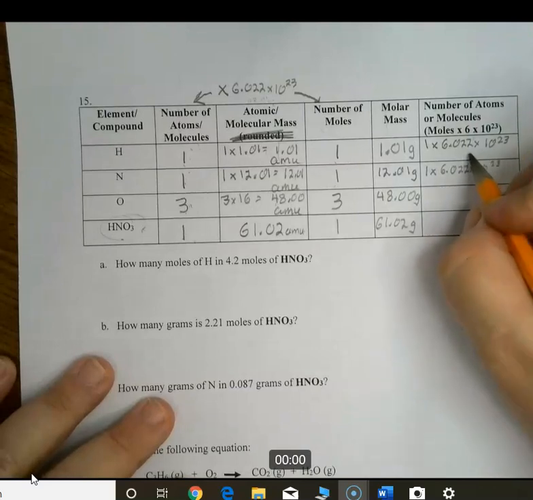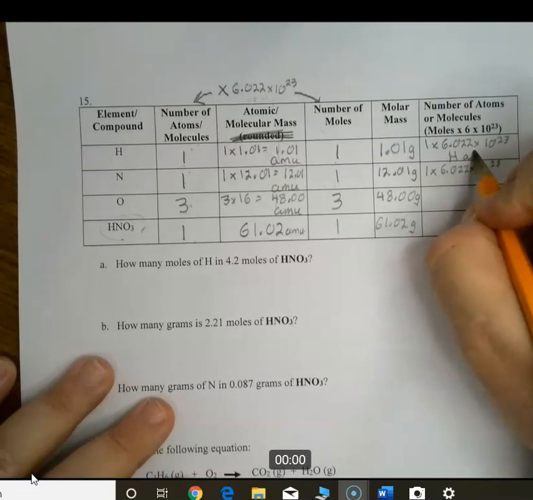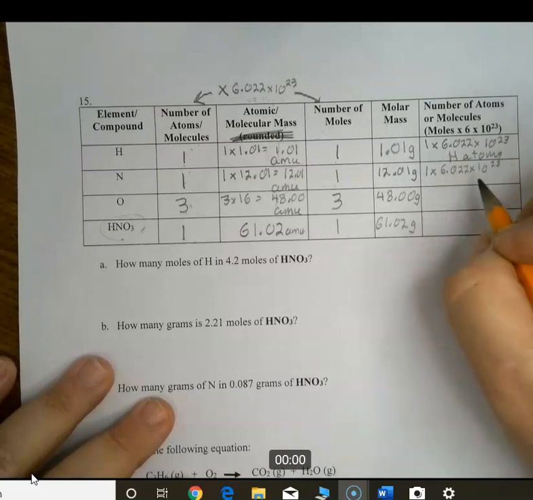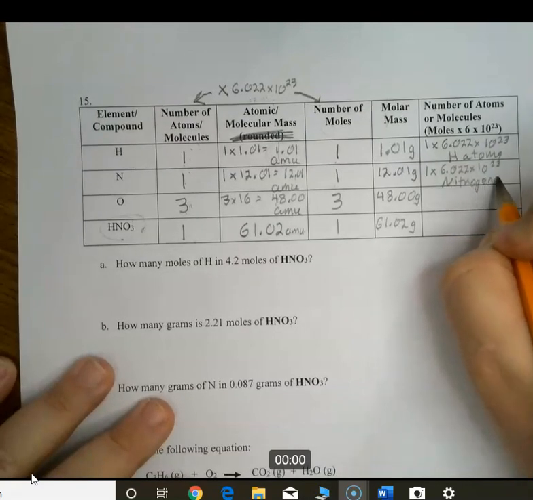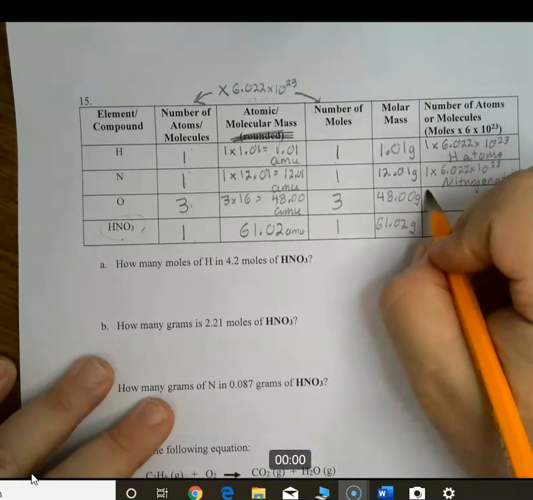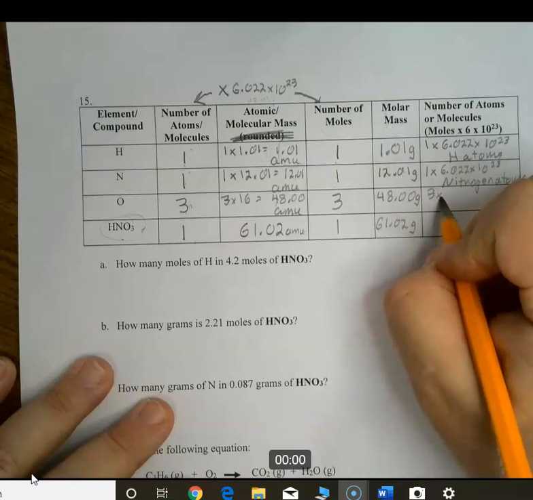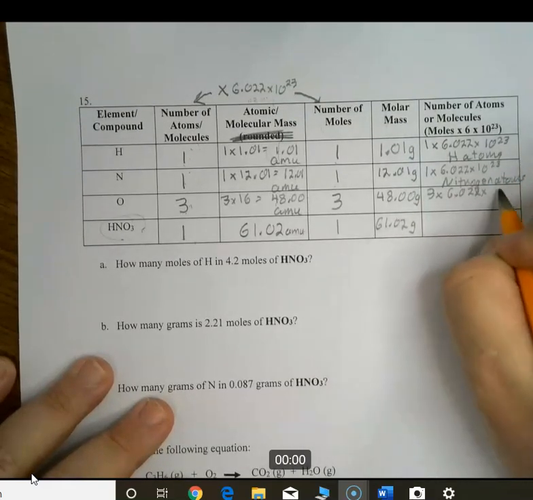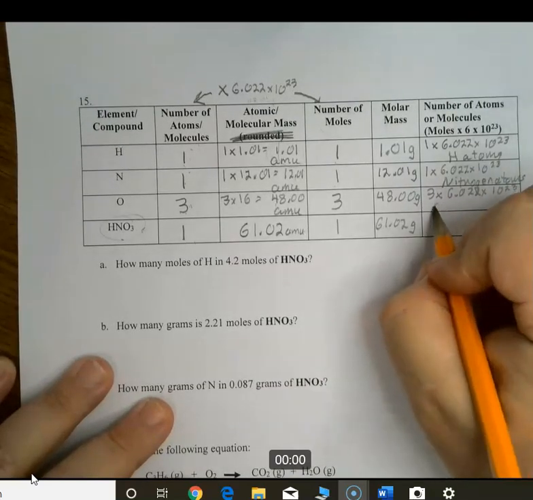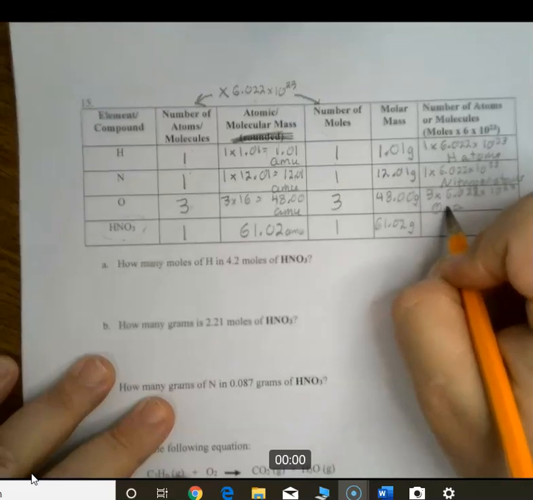And I'll write it out what it is. It's hydrogen atoms. This is nitrogen atoms. And this is 3 times 6.022 times 10 to the 23rd, and that's oxygen atoms.